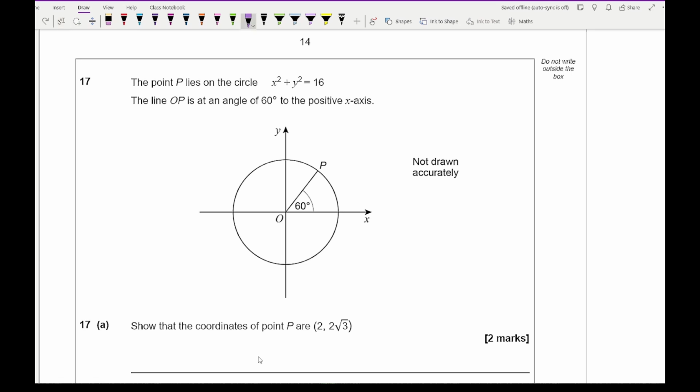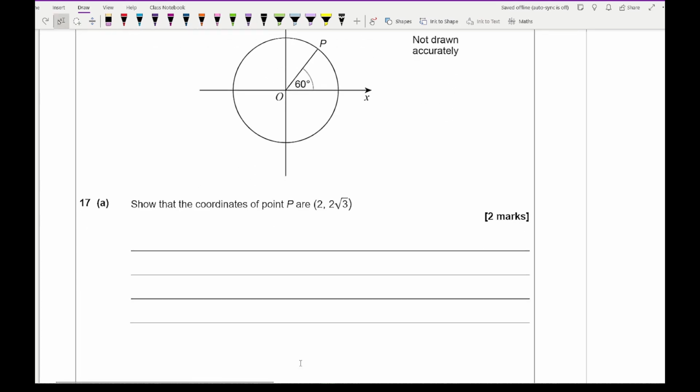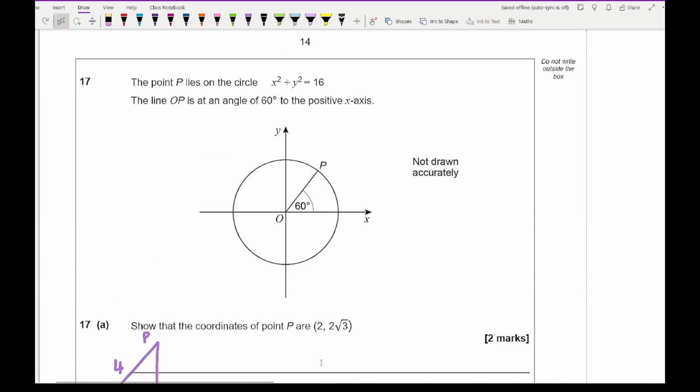So for this, we start by first of all drawing a triangle. So here we've got O, here we've got P, and we've got 4. The reason why I've got 4 is because from the equation of the circle we know that the radius equals 4. So that means that this length here is going to be 4.